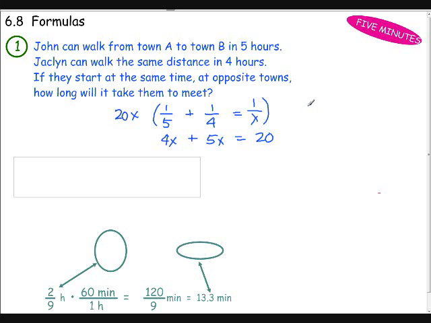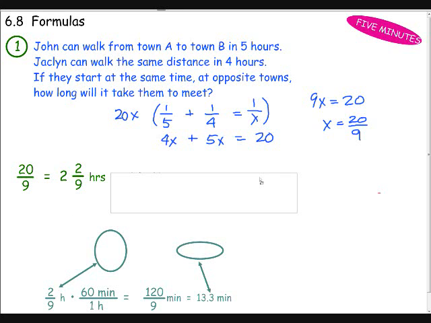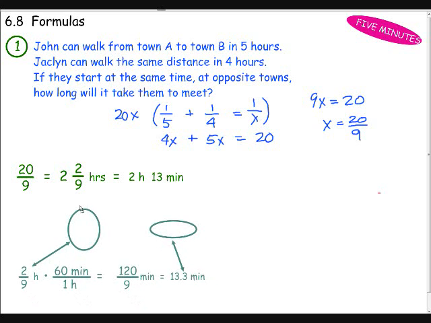So I'll have 9x equals 20. X equals 20 over 9. Okay, so there's my answer.